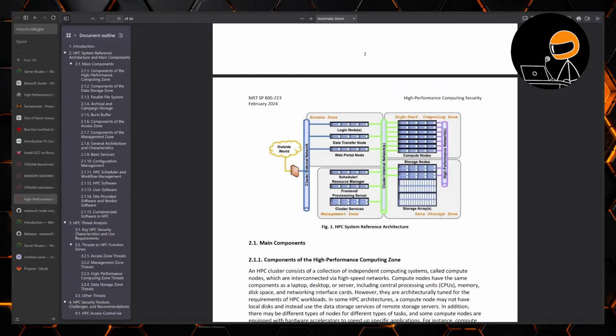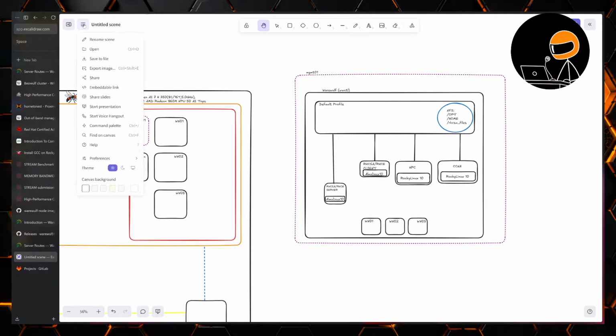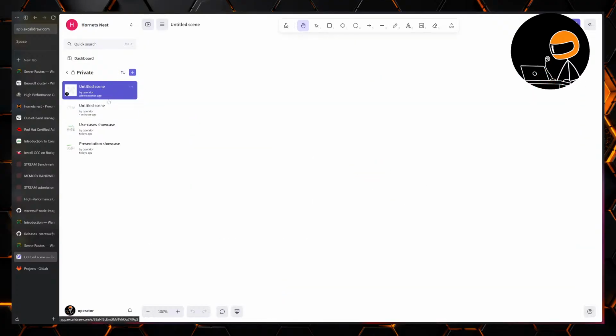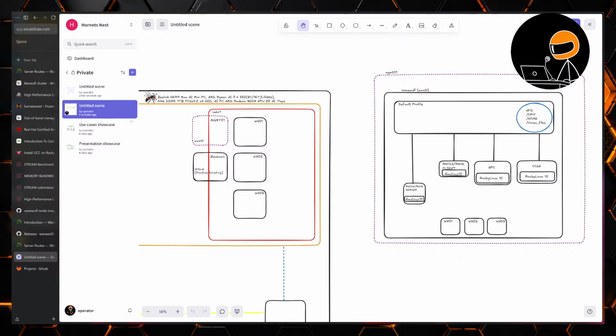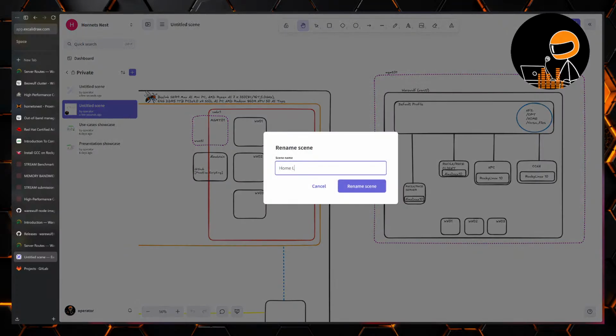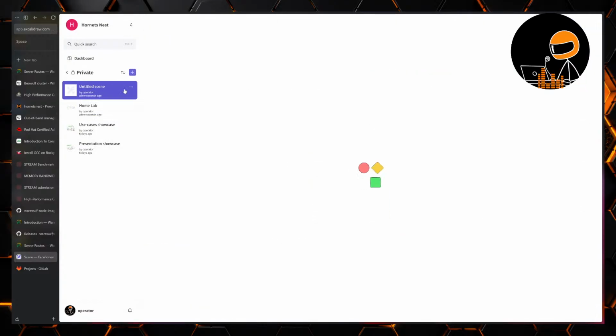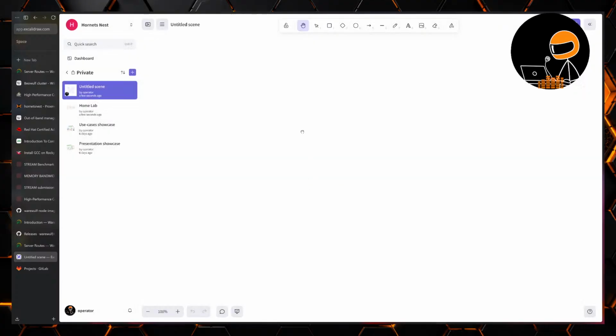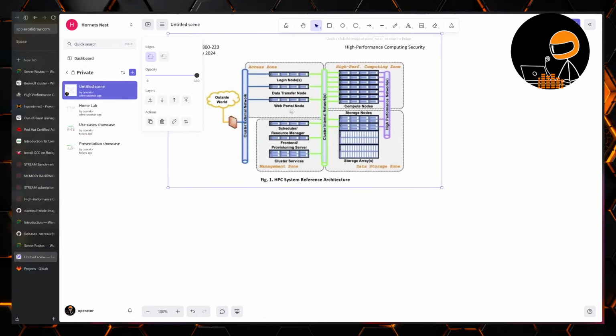I'm going to copy that. Let's go to Excalidraw, and we're going to do a new one. Let's go Homelab, and this will be renamed HPC architecture. Actually, let's just cancel. And here, Control V, put that there.